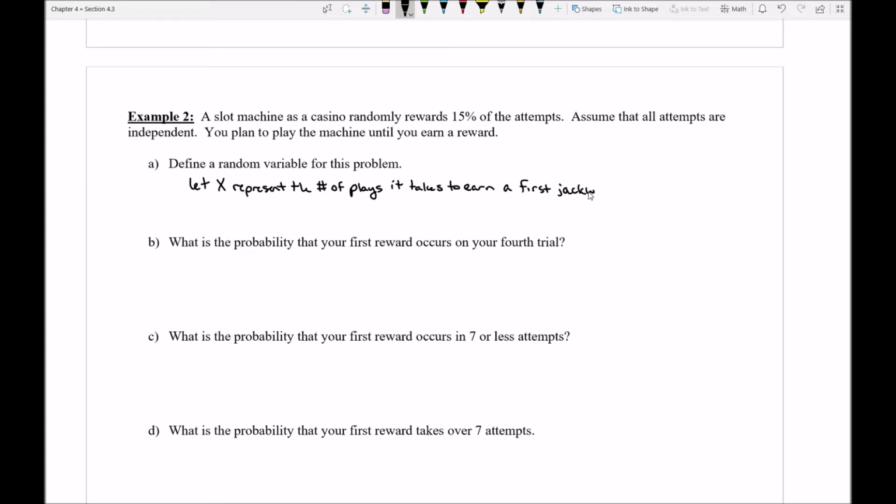Our first reward. That's what we're really interested in. How long do I have to sit here and keep pulling this lever, if you will, or pressing a button before I can actually get the jackpot?